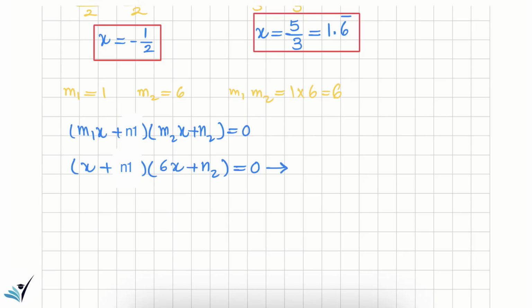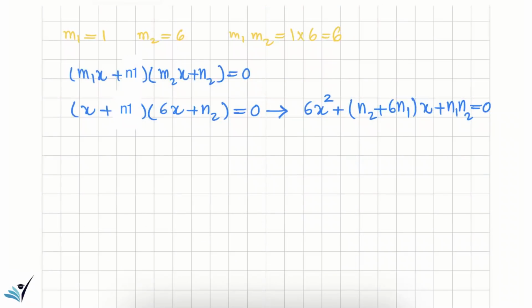If I apply distributive property, this would be 6x² + (n2 + 6n1)x + n1 n2 = 0. By comparing this equation with the equation that we have in our example, we see that n1 times n2 has to be negative 5, and n2 + 6n1 has to be negative 7.